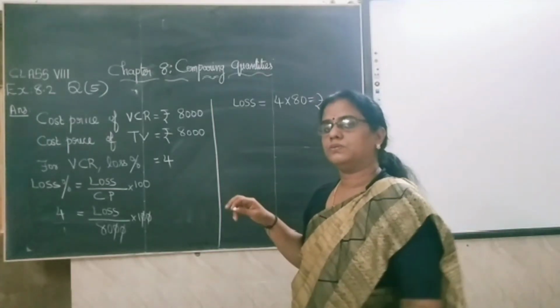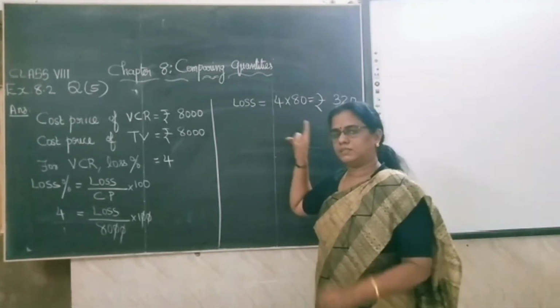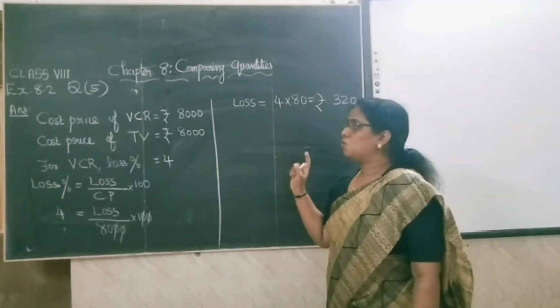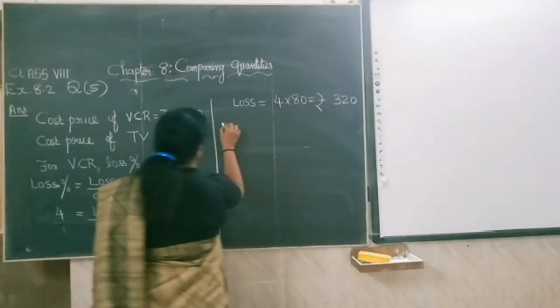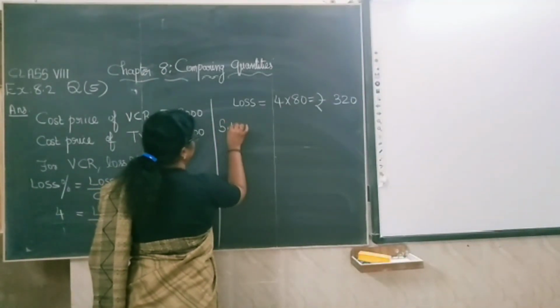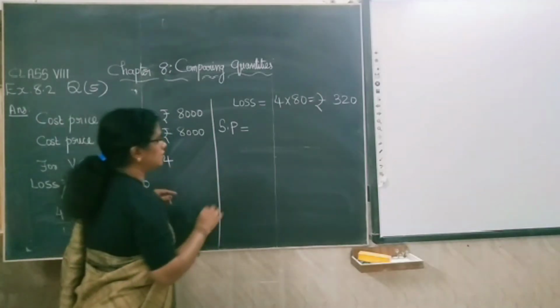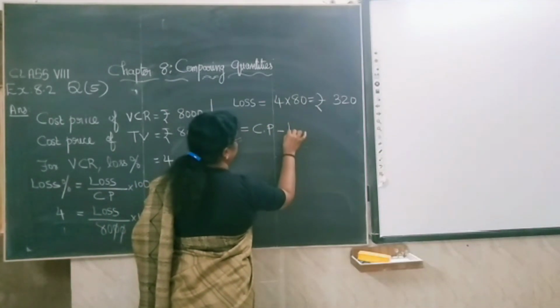And I told you in the last video, if there is loss, we can find the selling price by cost price minus loss. So next we can write selling price equal to cost price minus loss, that is CP minus loss.